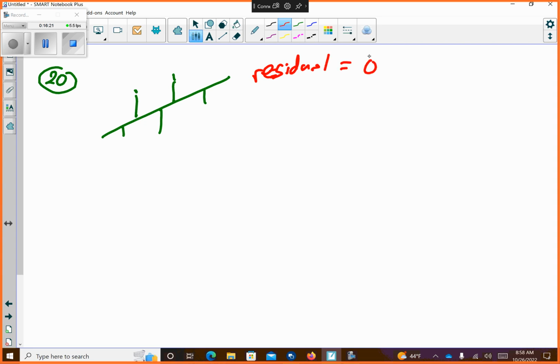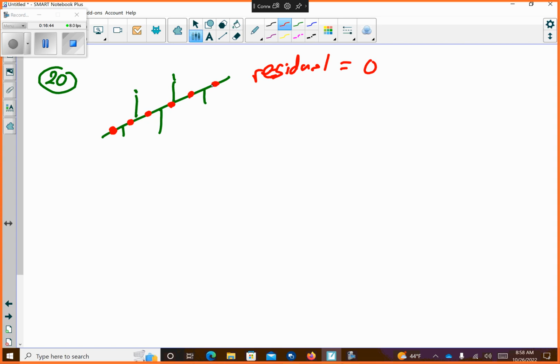Which means this. Could I ever have a distance that is 0? Distance of 0 is right there, and right there, and right there. So in order to have a residual of 0 means all of your points fall right on the line.